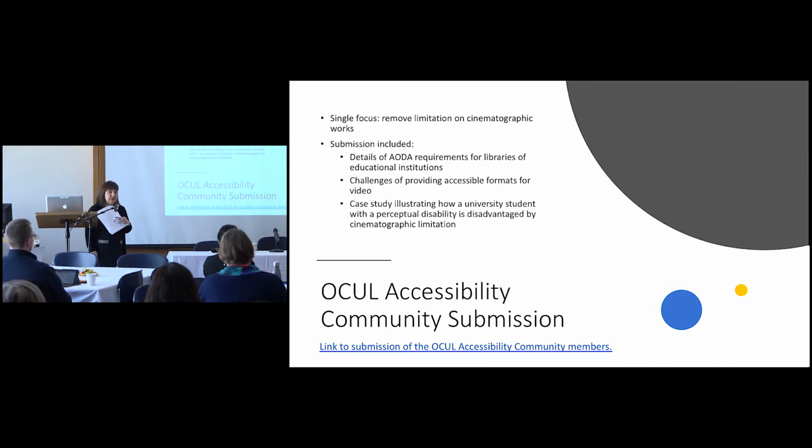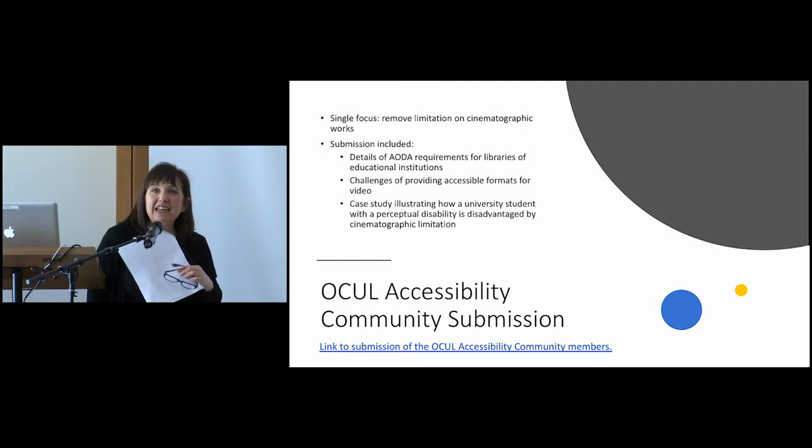We had a single focus, and that was to remove the limitation on cinematographic works. That was our primary recommendation. There are other issues we could have tackled, but you only get 2,000 words. We also felt that some of the other groups had tackled issues such as protection of exceptions from contract overrides.